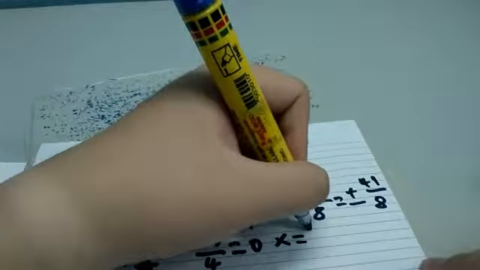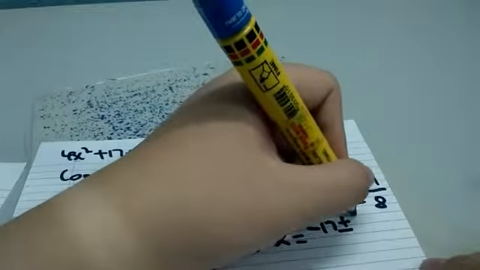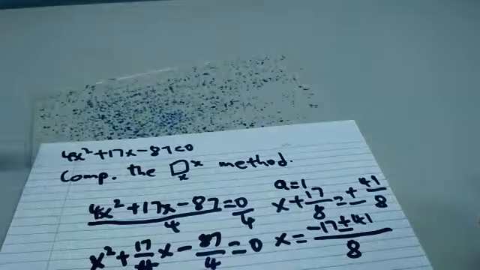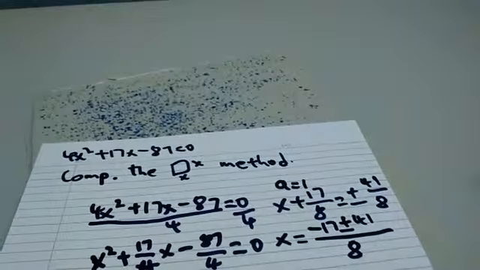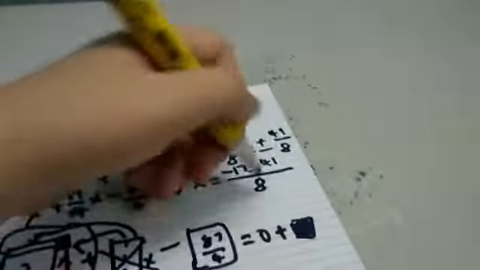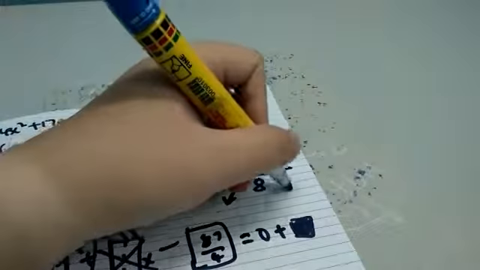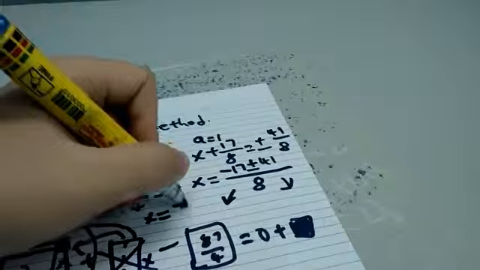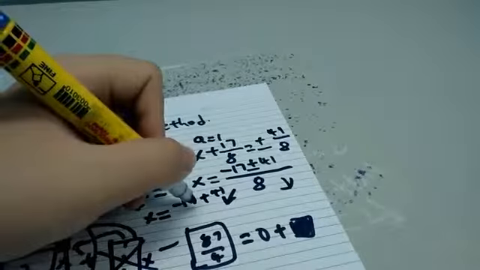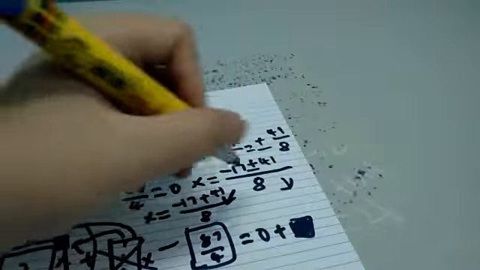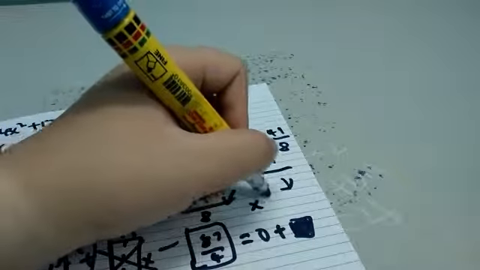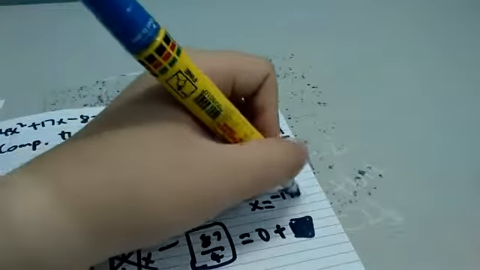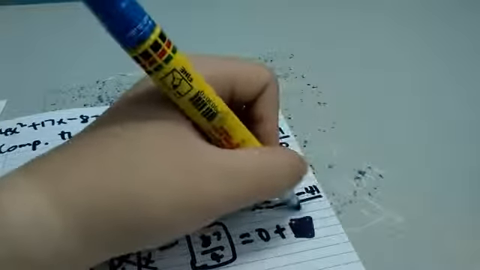So x is equal to negative 17 plus minus 41 over 8. And if we separate this, we will have x is equal to negative 17 plus 41 over 8, and x is equal to negative 17 minus 41 over 8.